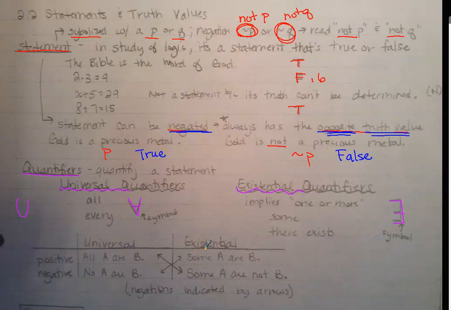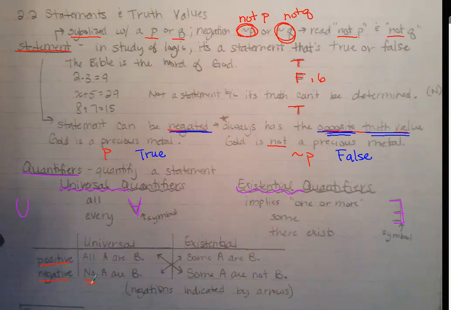Our universals say all or every when they're positive, so we have all A are B. All Nikes are shoes. Now if we do the negative of that, we're going to say no A are B, because it's negated, so we have to have that word in there. So that's a negative universal. There's either all or no or none.